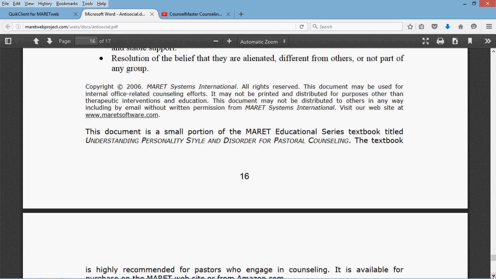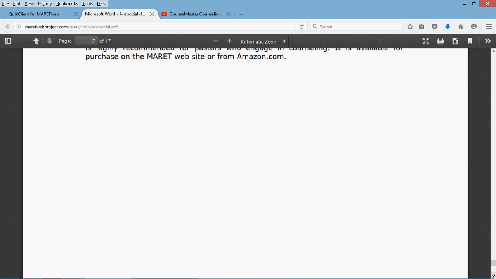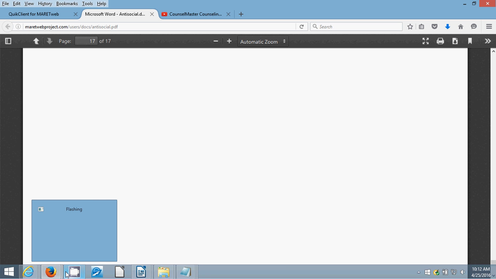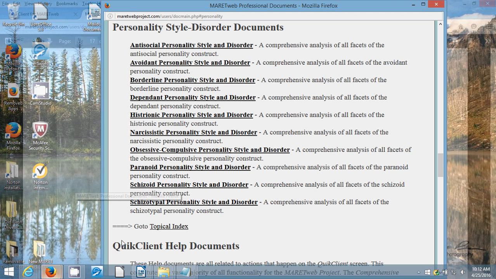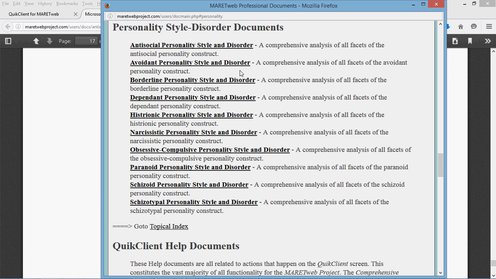What does successful completion look like? So these particular documents are available to you, and this is what it looks like. Again, under documentation, every single one of these personalities is going to look just like what we just saw for antisocial personality.